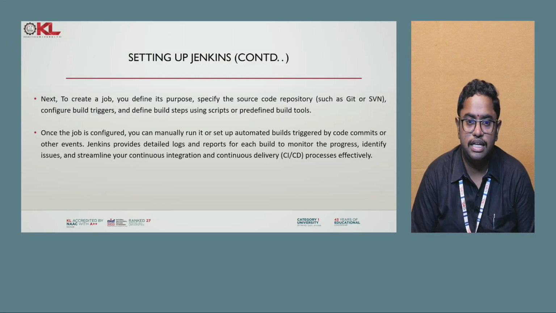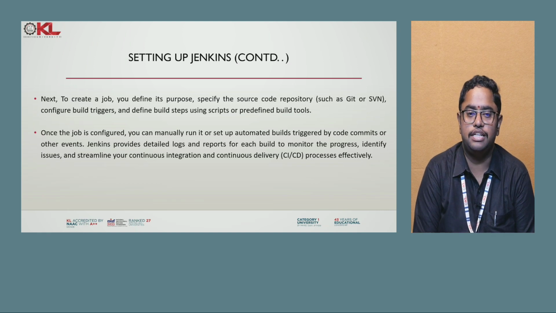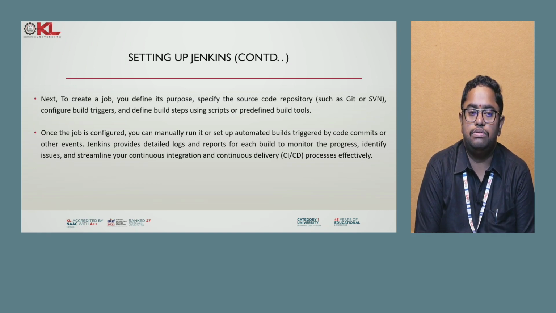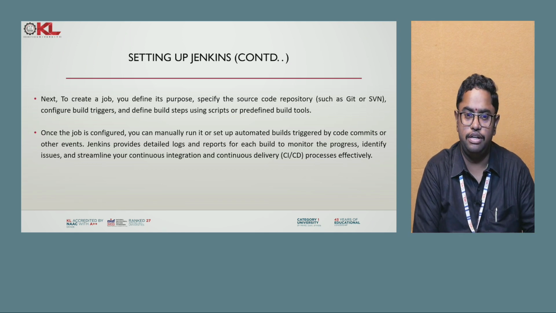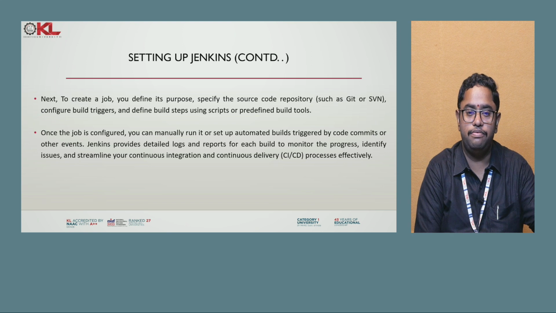So once after the completion of installing Jenkins, we have to create the job for which we are going to create the responsibilities, right? So for example, if we are going to have different sorts of projects or different roles in a single project, we have to create some different roles where we can give the job which is going to specify its purpose, and according to that we have to create the permissions for those responsibilities.